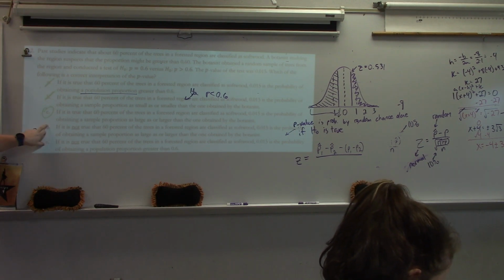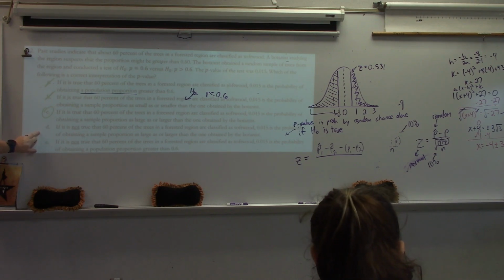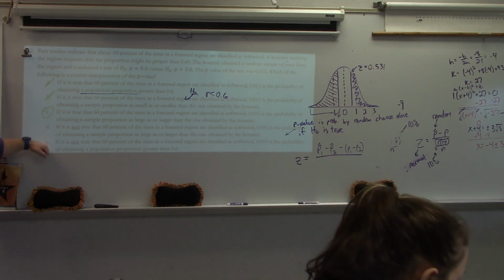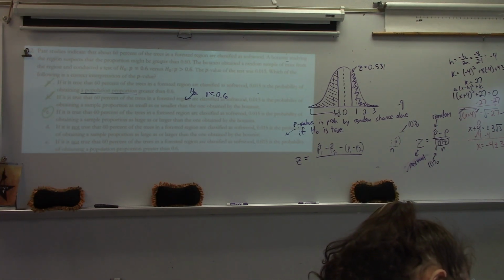D and E are out because what do we have to assume? Null is true, right? We have to assume the null is true. That's why D and E are out. If you need to write down any notes about that, because that p-value interpretation is important.